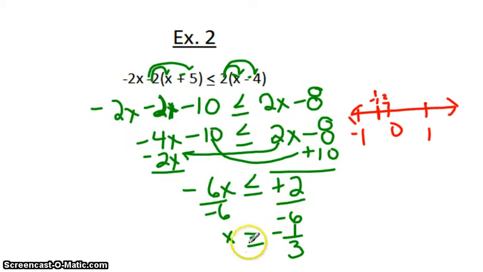This time there's a bar underneath it, so I have a closed circle over -1/3, and I'm going to shade to the right because it is greater than. And I don't know if you noticed, but since I put my variable on the left, it's always going to be in the direction that my arrow is pointing. And that's one of the reasons I like my variable on the left.